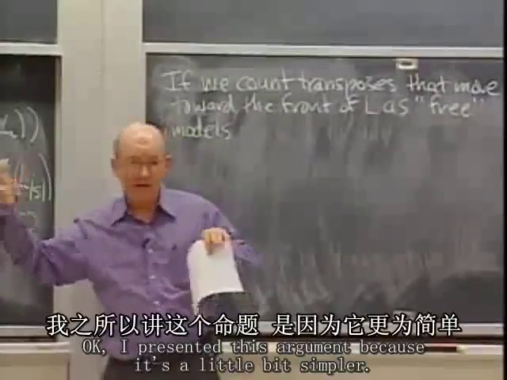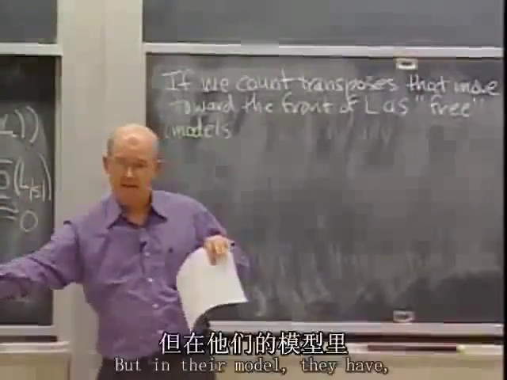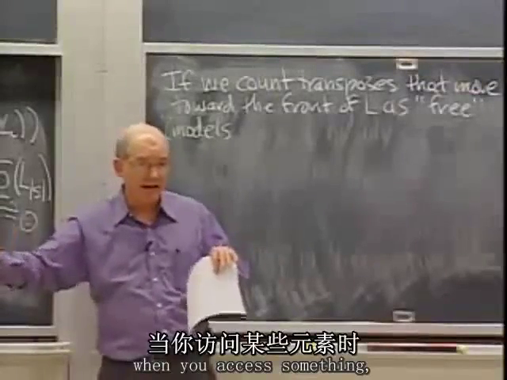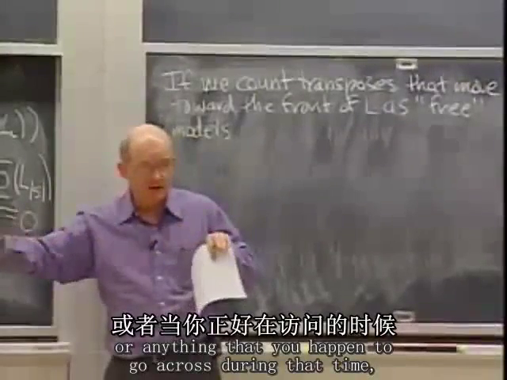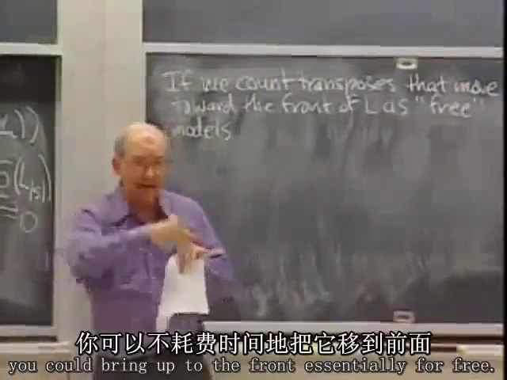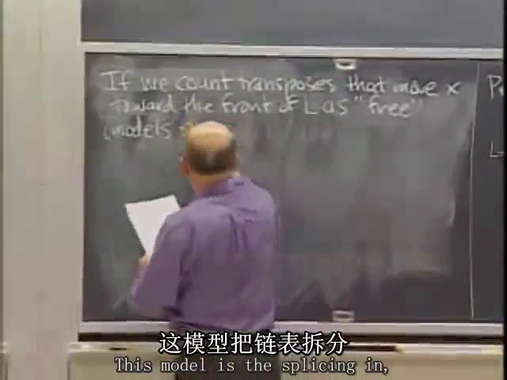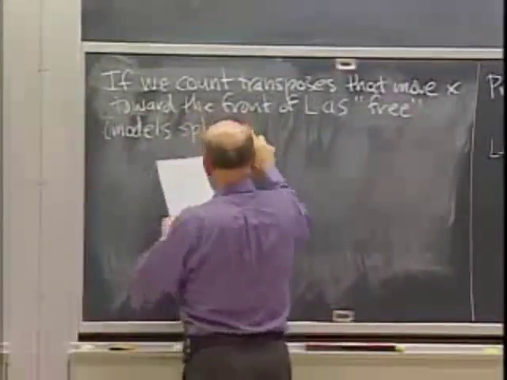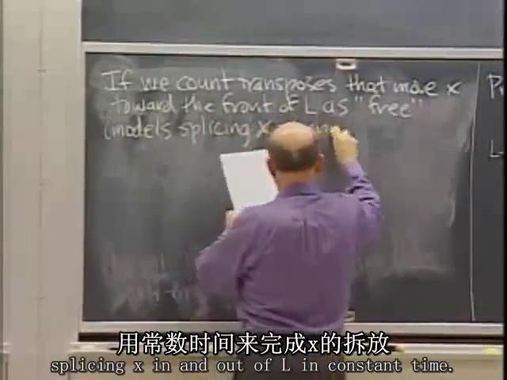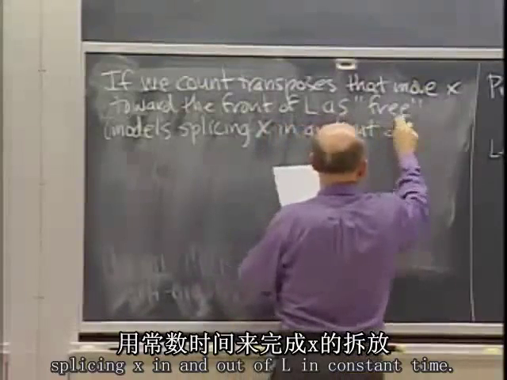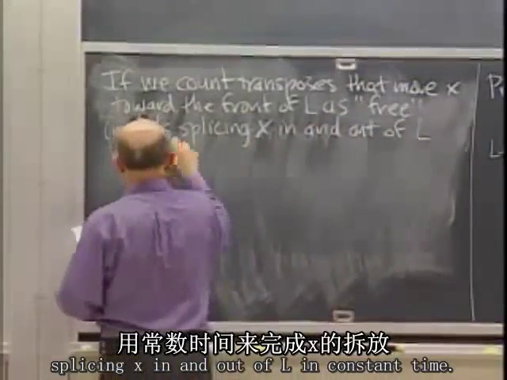I presented this argument because the model's a little bit simpler. But in their model, when you access something, you want to bring it up to the front, or anything that you happen to go across during that time, you can bring up to the front essentially for free. This model is the splicing of x in and out of L in constant time.